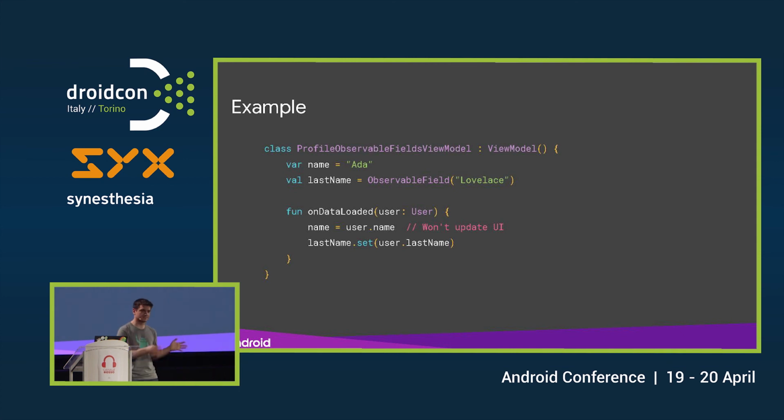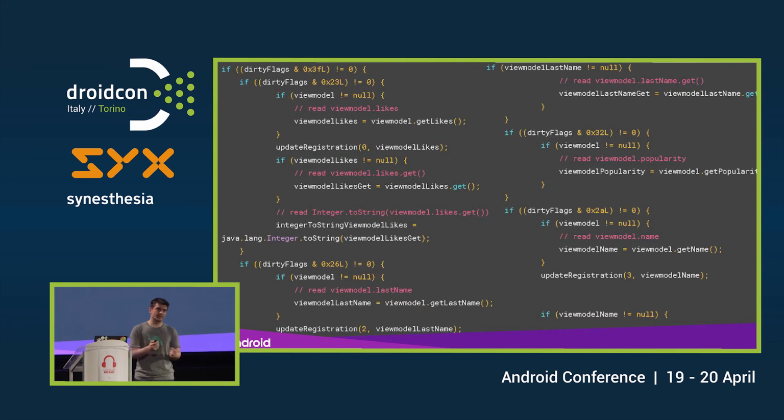Well, not something, that particular property. So doing this is actually really hard. This is real code from the generated binding, the binding class that is generated by the library. Coding this is really hard. You don't want to be doing this.